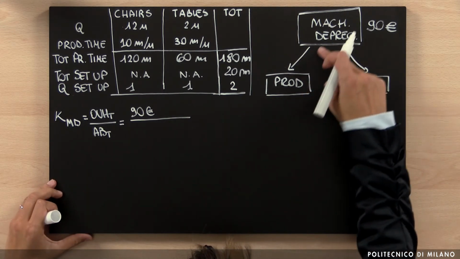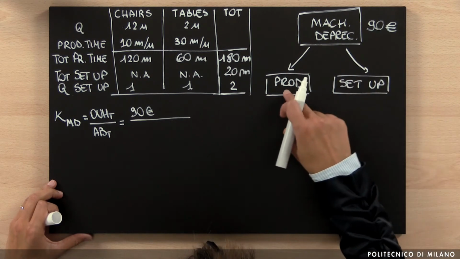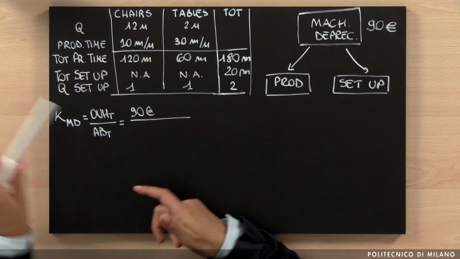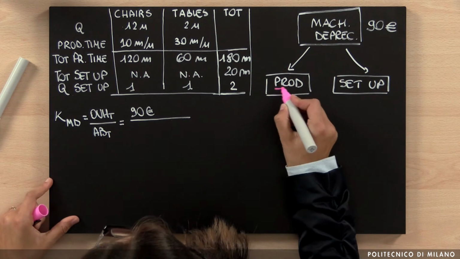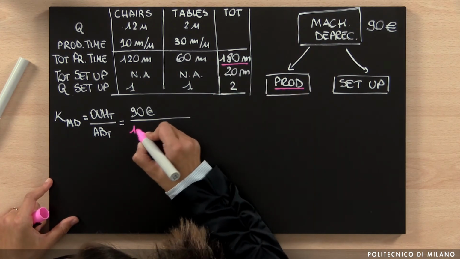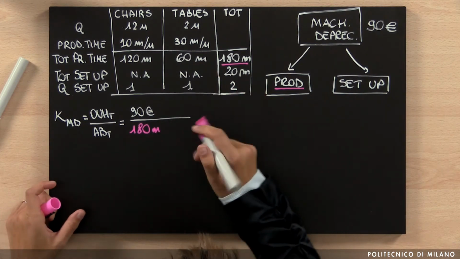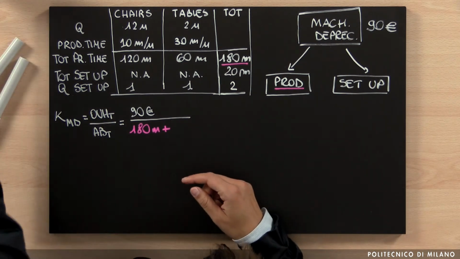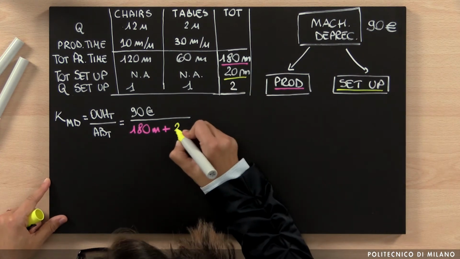Which is the total allocation basis? The relationship that links the machine depreciation with the activities is the time required for producing and the time required for setup. So the allocation basis for the production is the time for production. So this allocation basis will be 180 minutes, which is the time for producing, plus the allocation basis of the setup, which will be 20 minutes.